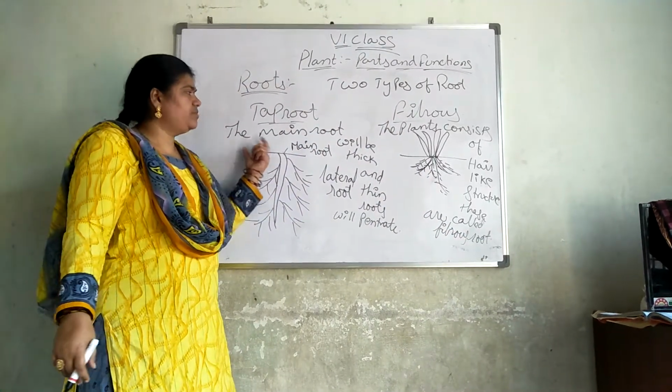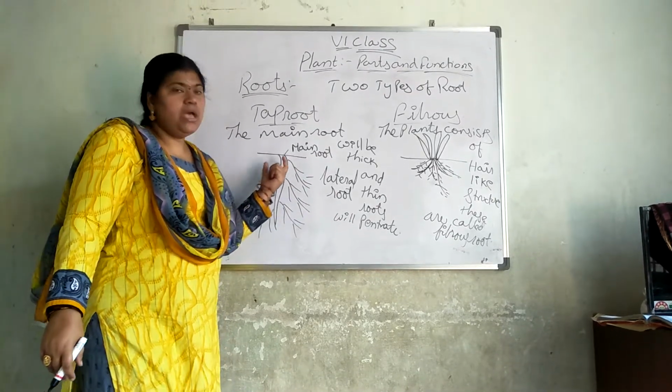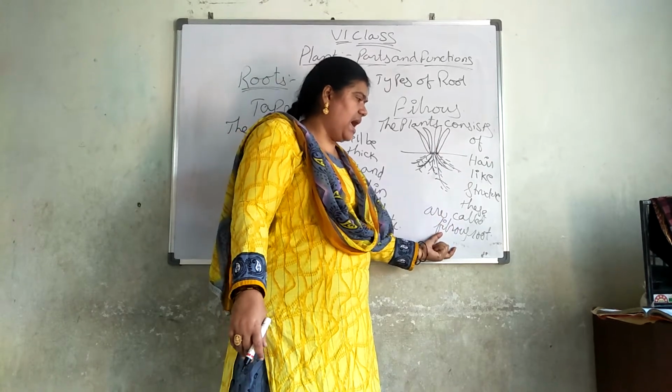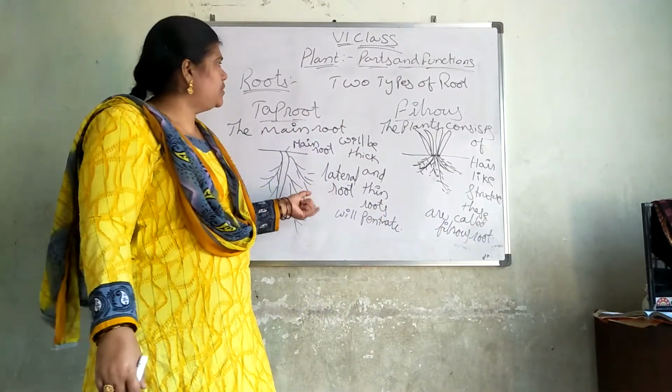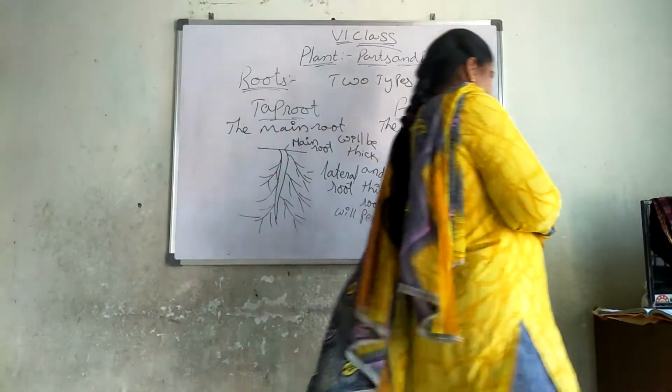What is the taproot system? The main root will be thick and the thin roots will penetrate; this is called the taproot system. What is the fibrous root system? The plant consists of hair-like structures, called the fibrous root system. Now let us see examples of taproot and fibrous root systems. So I'll draw the table now.